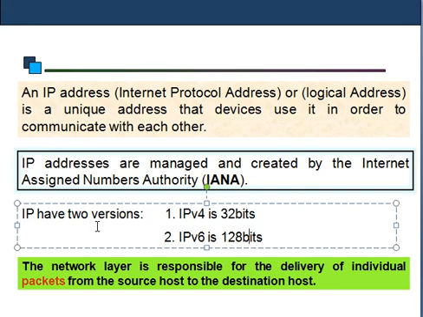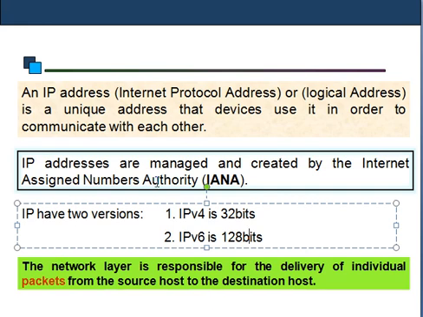So we have physical, data link, then network layer. In the network layer, as we have mentioned before, data are in packets. So from the source host to the destination, the data is delivered in packets.